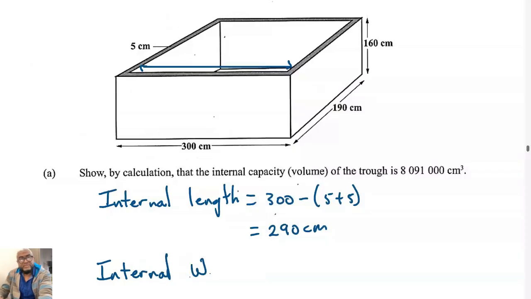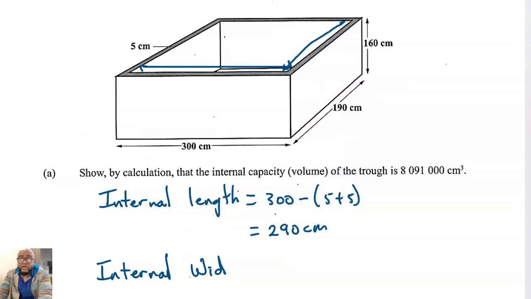Let me deal with the internal width. We do the same thing here, Dimitri. For the internal width, if the outside is 190 and I want the distance from here going up to here, you think I should do the same thing, minus the same 10 centimeters? All right, so watch it here, right? This here is the thickness.